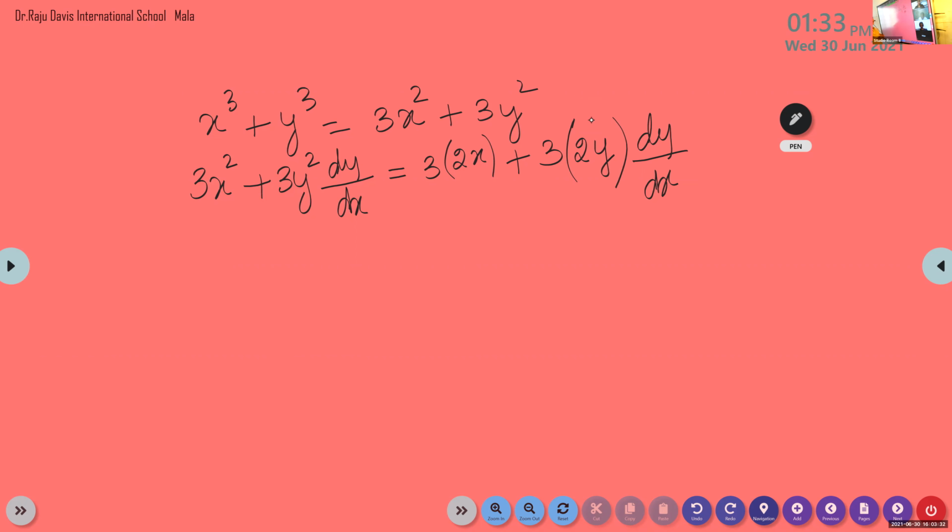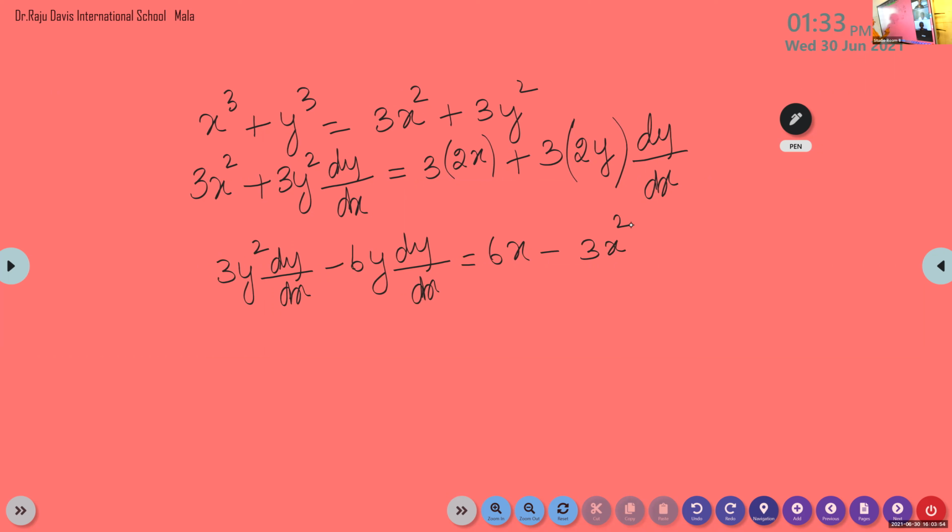Our aim is to find dy by dx. So what we can do? Take all the dy by dx terms together. So 3y square dy by dx minus 6y dy by dx is equal to 6x minus 3x square, taking it to the other side.